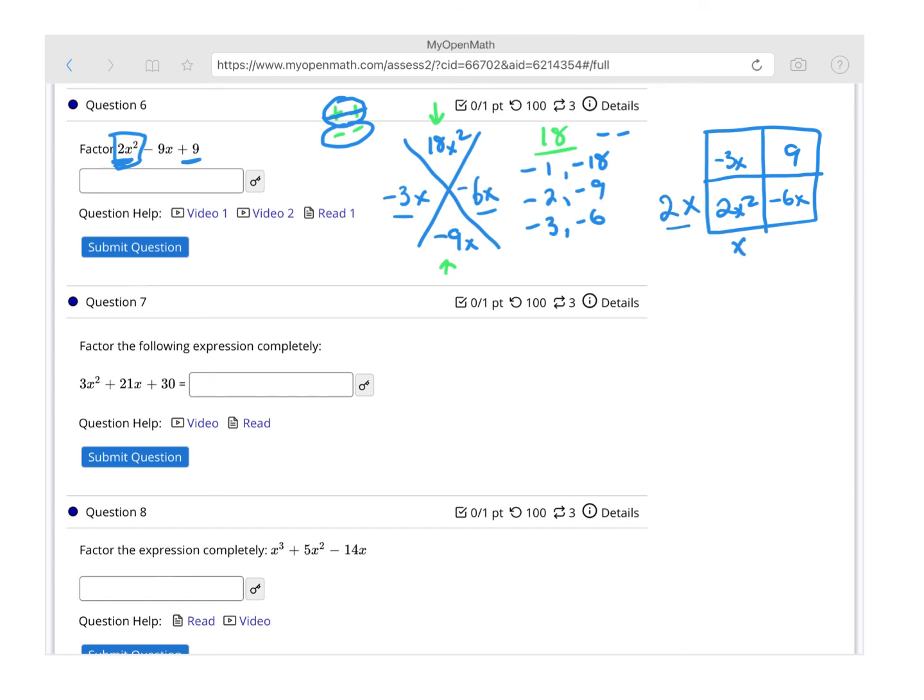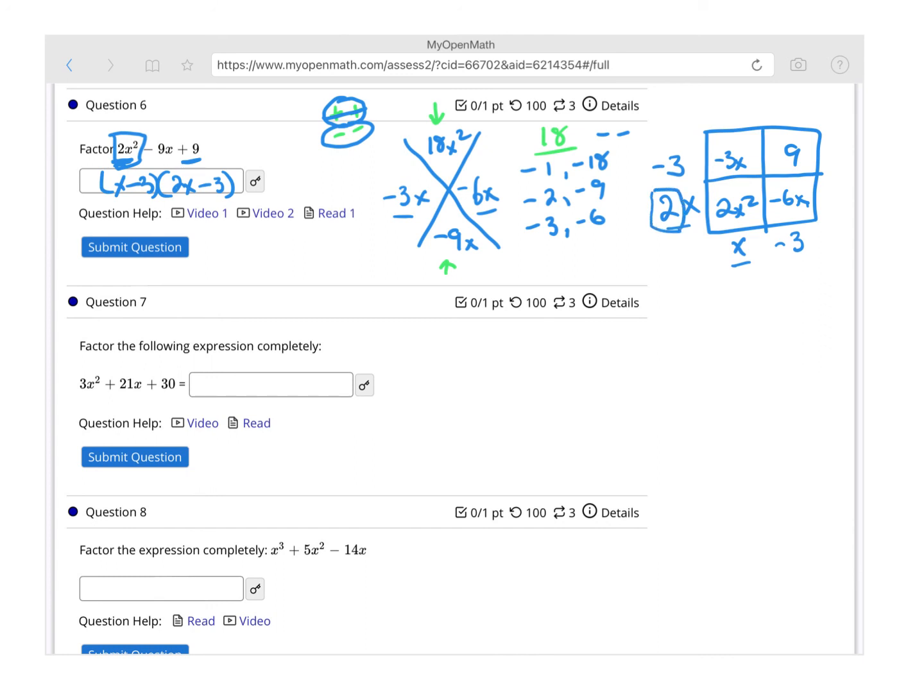So we have 2x times x gives me 2x squared. Now, 2x times -3 gives me -6x, and x times -3 gives me -3x. So my two factors are going to be x minus 3 and 2x minus 3. So there's just that little added thing about where do you put this 2.